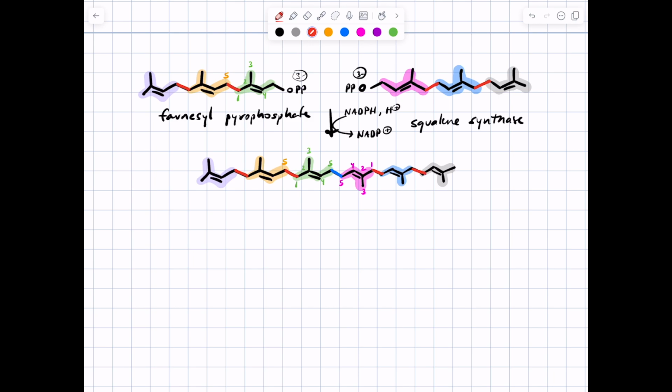But it's important for setting up the approach to the much more complicated steroid hormones, because this is how we generate squalene, which is a triterpene. It has 6 isoprene units, which means it's got 30 carbons.